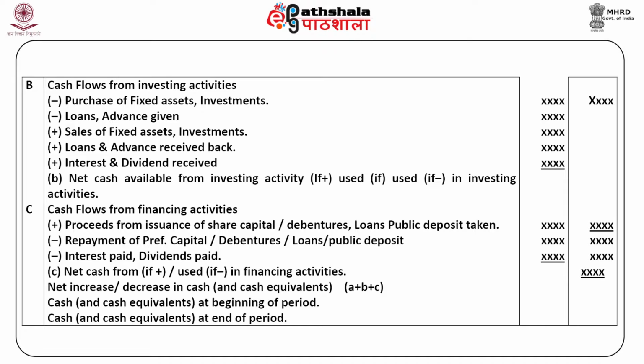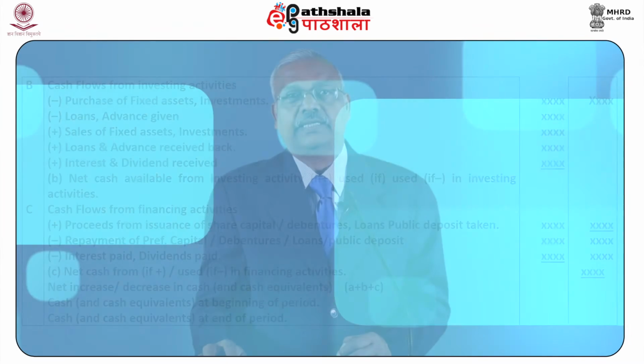It gives us net cash flow if positive, used if minus, in financing activities. Net increase or decrease in cash and cash equivalents is A plus B plus C. Cash and cash equivalents at beginning of period and at end of the period.